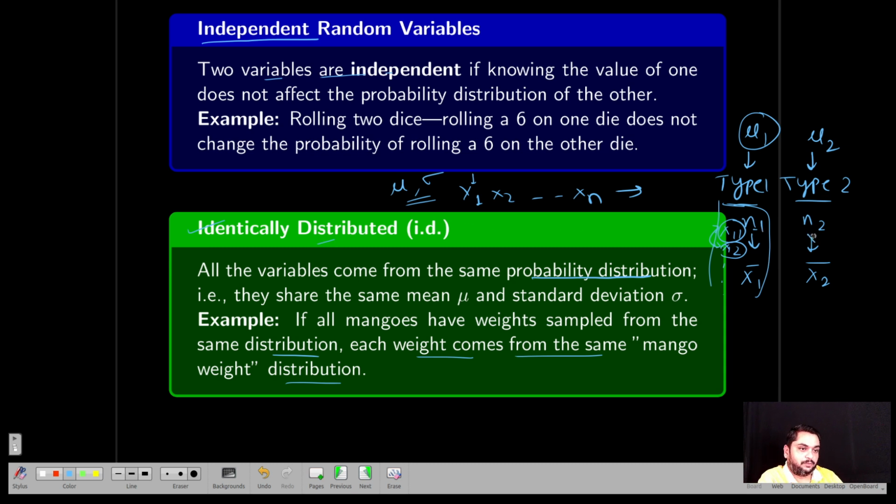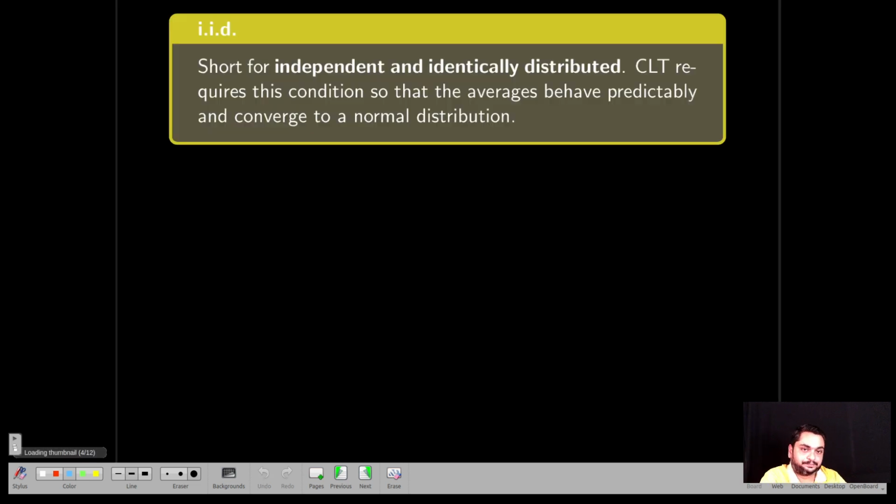I cannot take a mango from one type and a mango from another type and then calculate the average. That is not correct. Finally, IID means each random variable is independent, and all the random variables come from the same distribution. This condition has to be satisfied for the central limit theorem: independent and identically distributed.